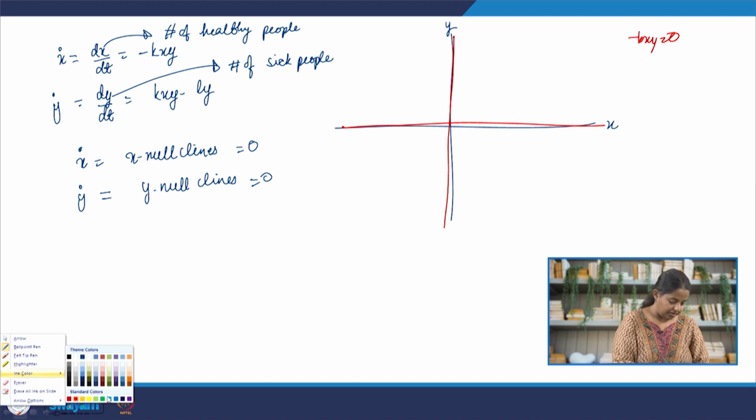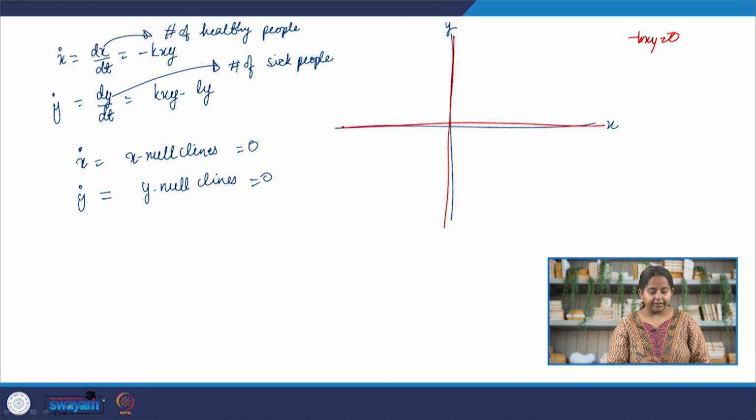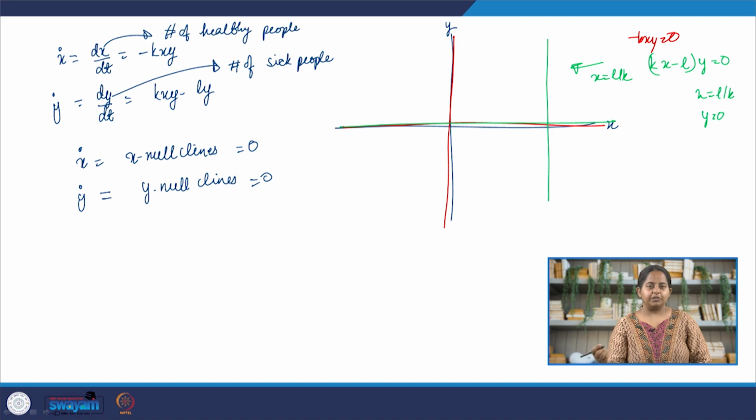I'll use a different color for the y Nullcline. The y Nullcline is when kx minus l, times y, is equal to 0, which means either x is equal to l by k or y is equal to 0 or both. So when y is equal to 0, we have a Nullcline here, and then x is equal to l by k is here. So these are our two Nullclines.